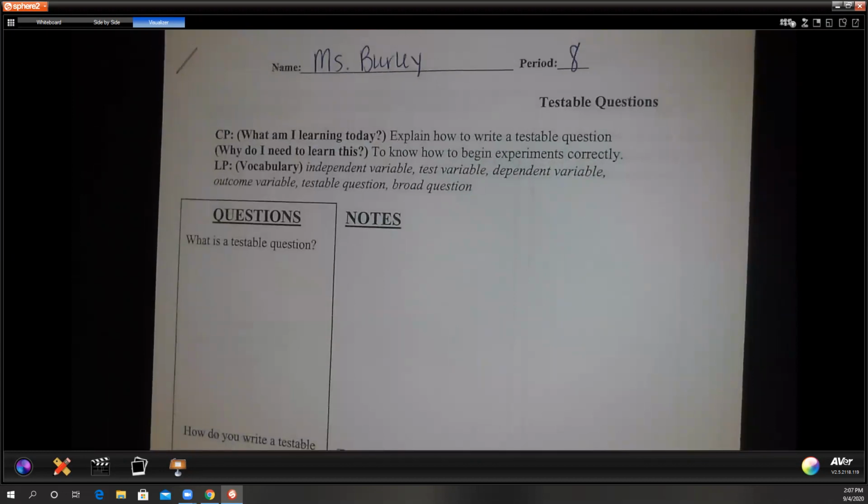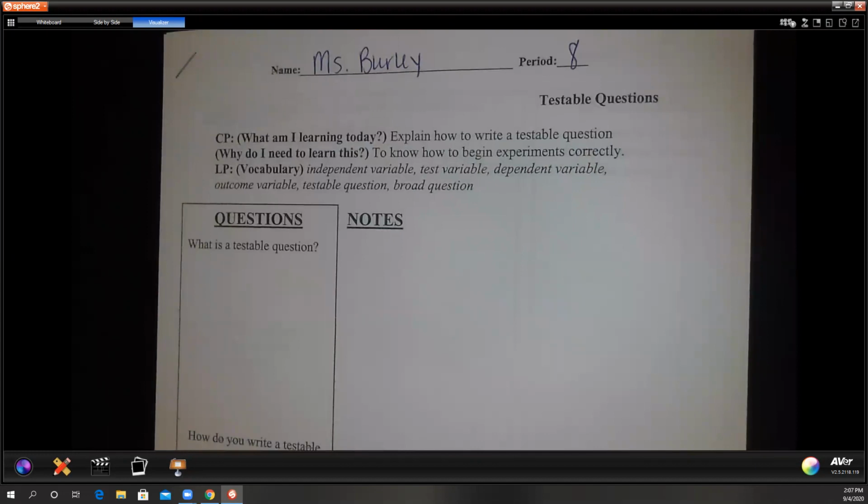Ma'am, are we writing down on a notebook or do we print it out? If you printed it out, you can write it on those notes. If you did not print it out, you can write it in a notebook instead. As we start to get into more in-depth notes, I really encourage you to print it ahead of time because sometimes the notes are very long.